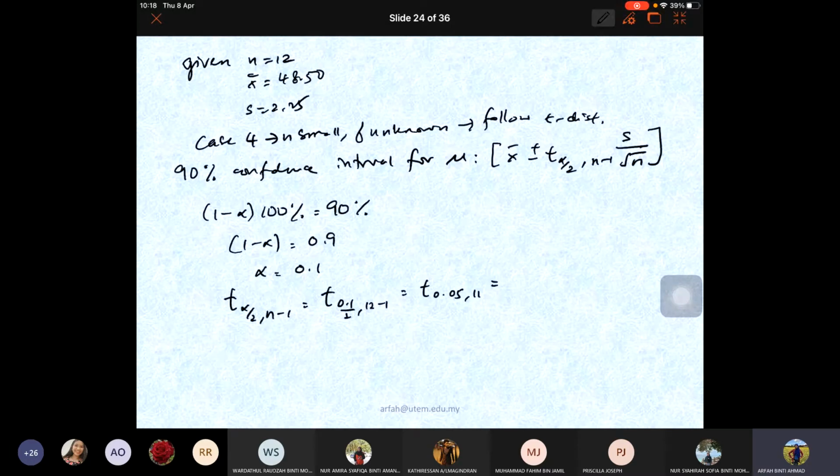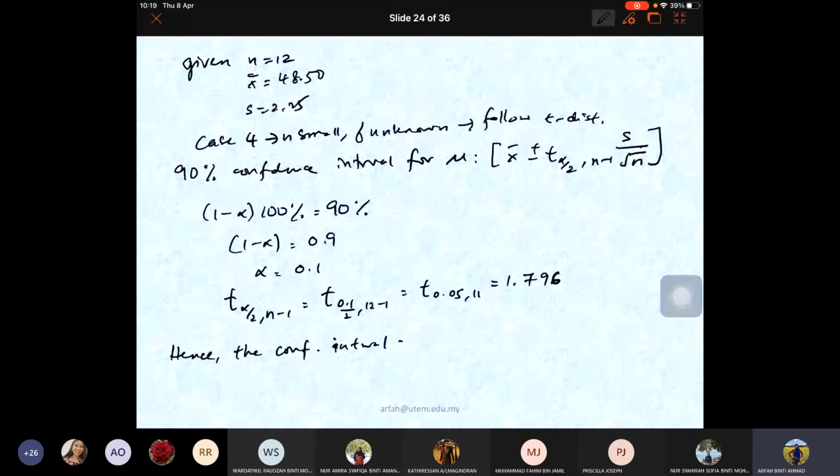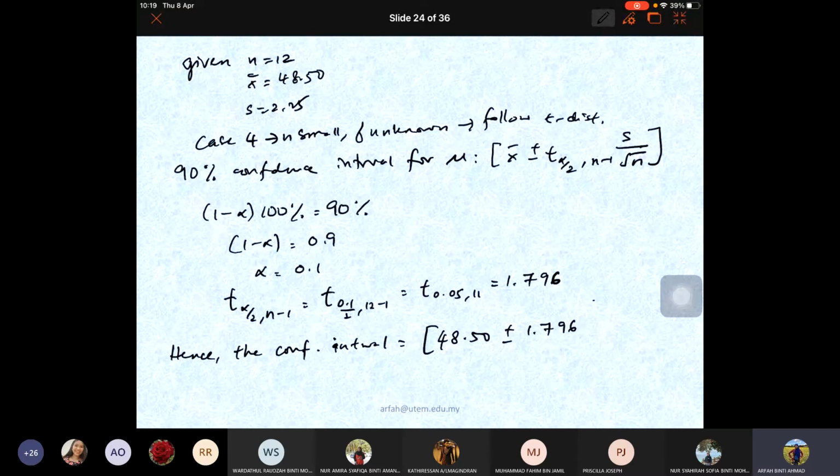Take a look at table of t distribution. 1.796. Hence, the confidence interval akan sama dengan x bar is 48.5 plus minus 1.796 darabkan dengan s is 2.25 sqrt 12.